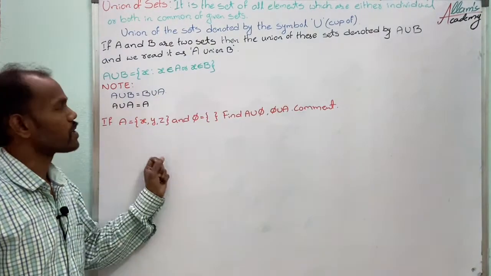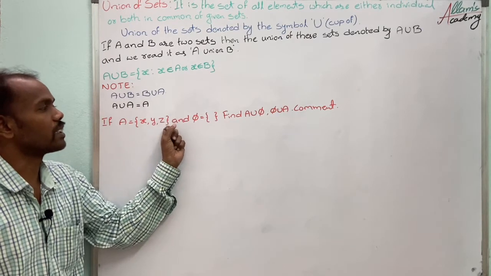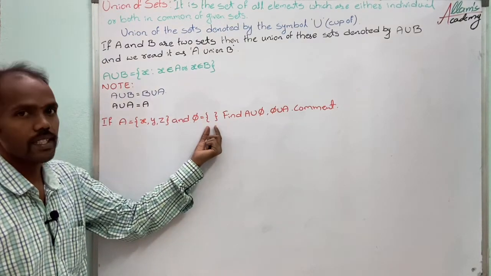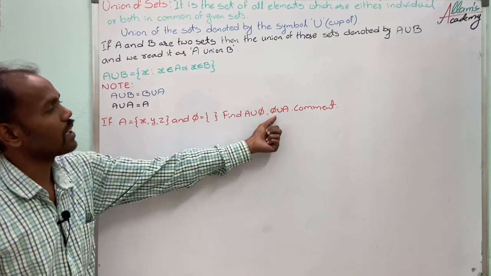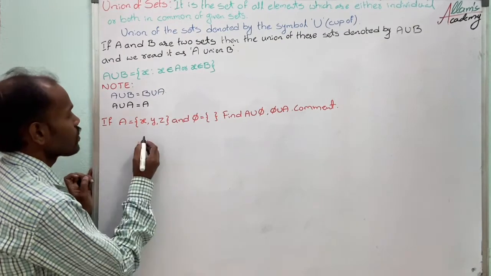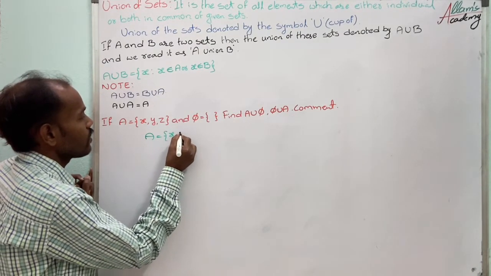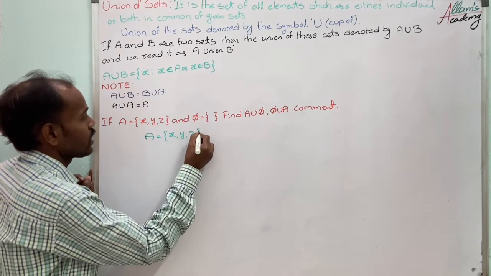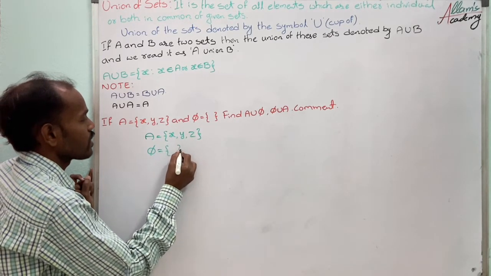Now in another example, the set A equals {x, y, z} and the set phi is the null set. Find A union phi, phi union A, and comment on it. So the set A is given as x, y, z and the set phi is the null set.